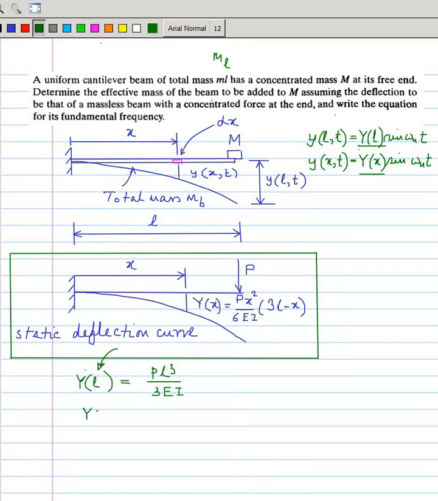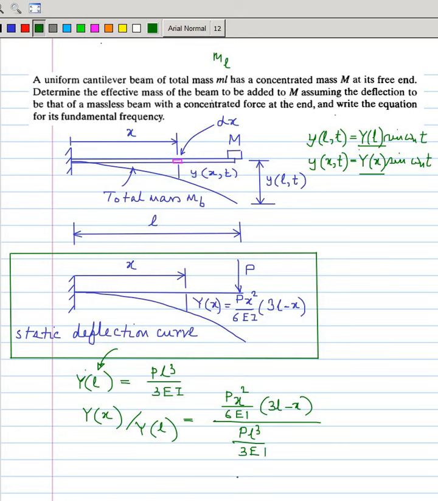So y at x by y at L is equal to P x square by 6EI into (3L minus x), divided by PL cube by 3EI.